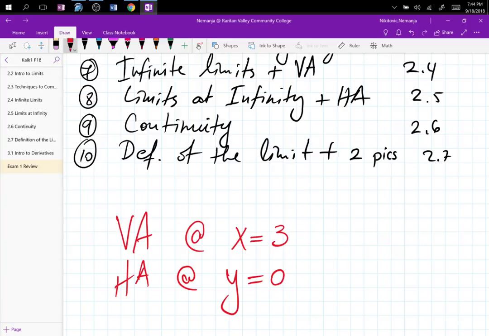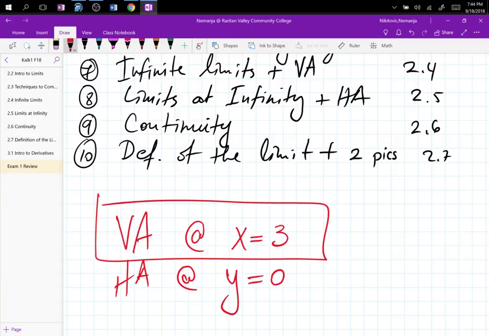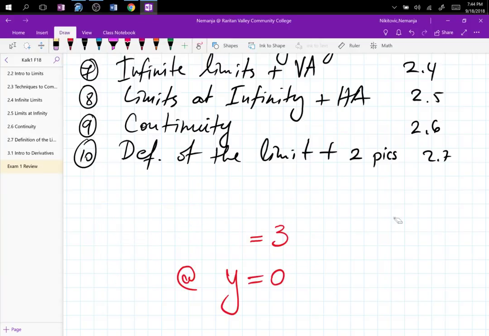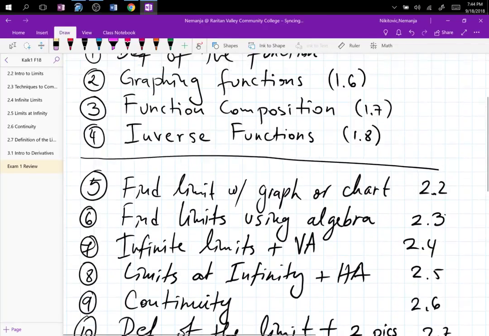If you write VA equals 3, I'm going to cross it out for -2, because that's meaningless. VA equals 3 has no meaning. This is the way you say vertical asymptote. You can spell out "at", that's fine, or you can put the monkey symbol, whatever.